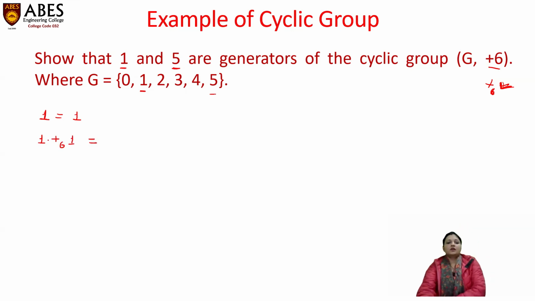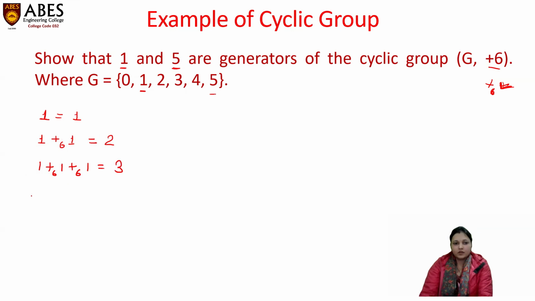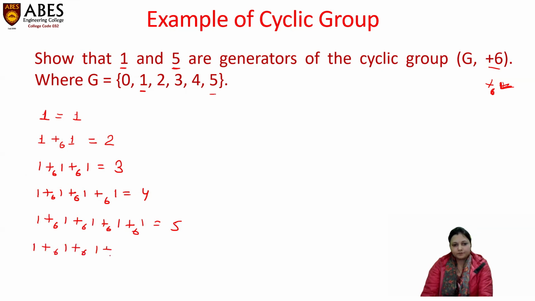So 1 to the power 2 is 1 plus 1, and when we divide 2 with 6, we will get remainder 2. 1 to the power 3 will give us 3. 1 to the power 4 will give us 4. 1 to the power 5 will give us 5. 1 to the power 6: here the sum is 6, and we will get remainder 0.